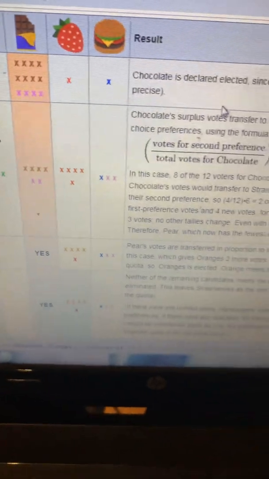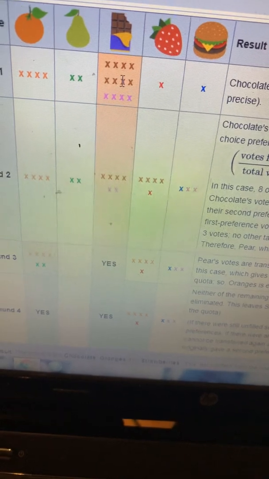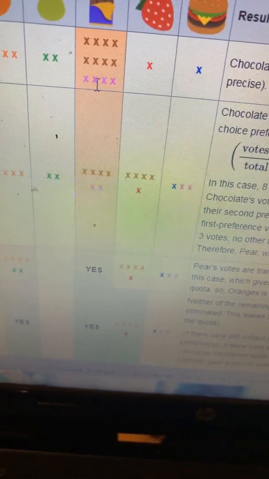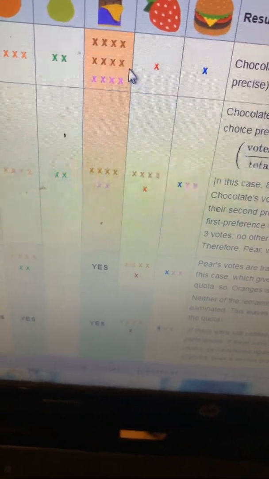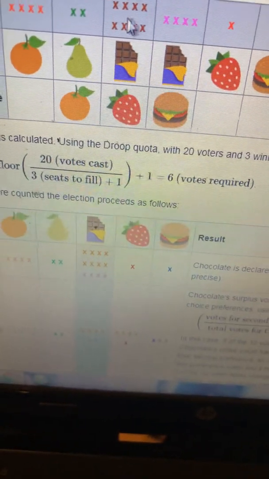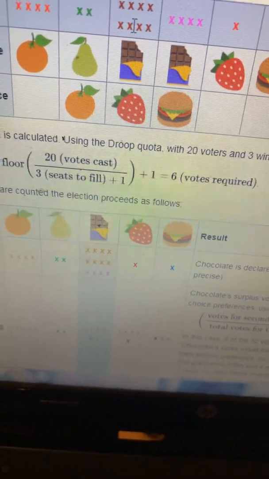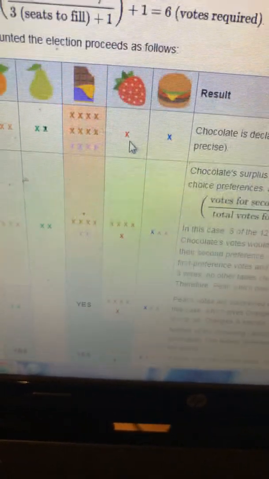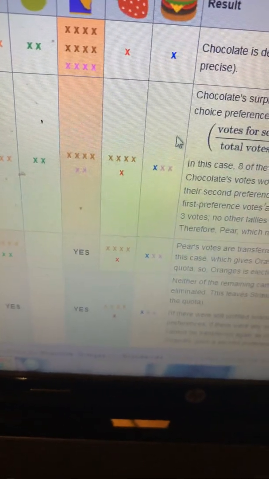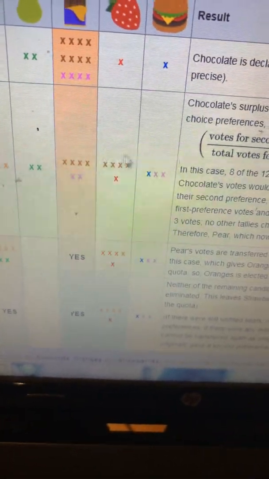So this got 1 seat, and it has only 1, 2, 3, 4, 5, 6 left, and as the range, 2 is divided: 2 to strawberry here plus 2, and 4 to hamburger.